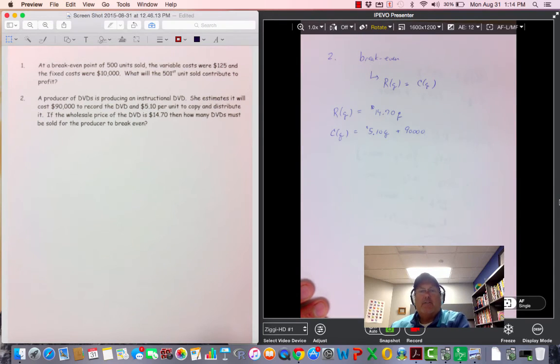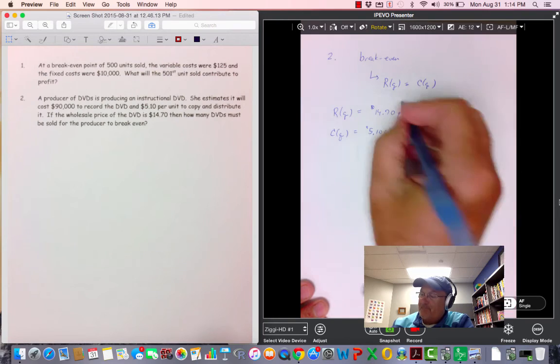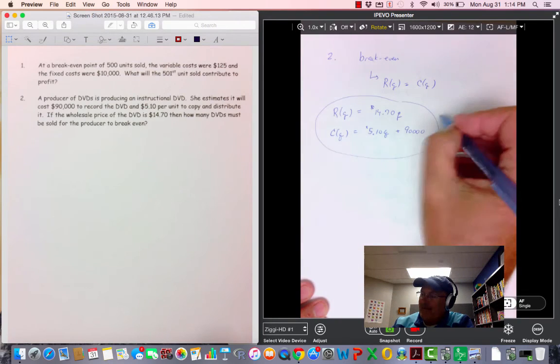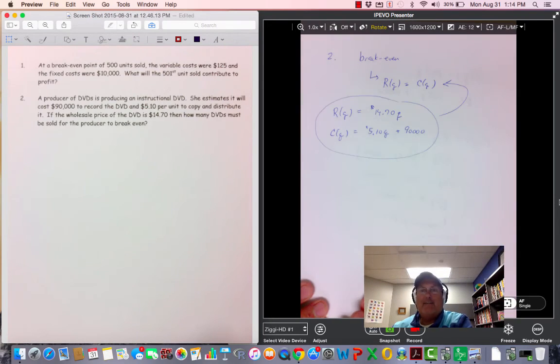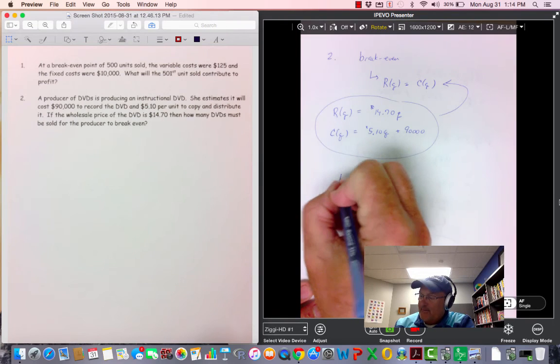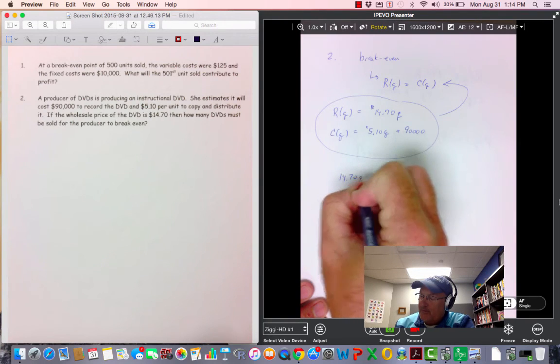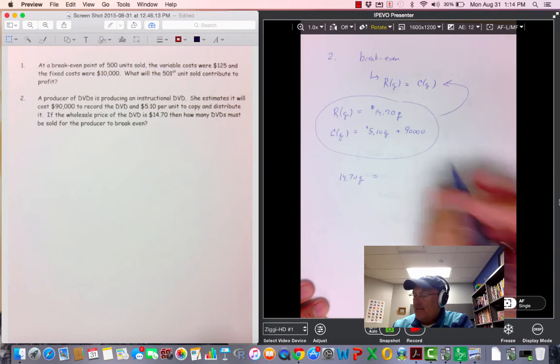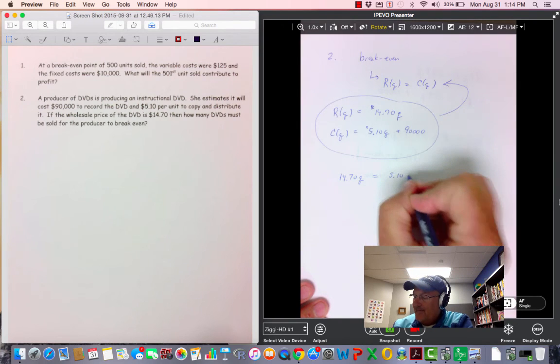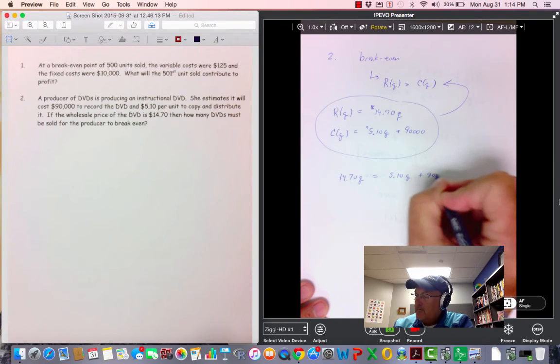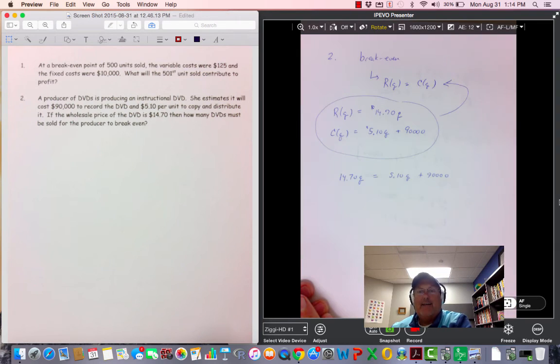So we get a cost function of 5.10Q plus 90,000. Putting all of this back into this idea, we see that the revenue is 14.70Q equals 5.10Q plus 90,000.